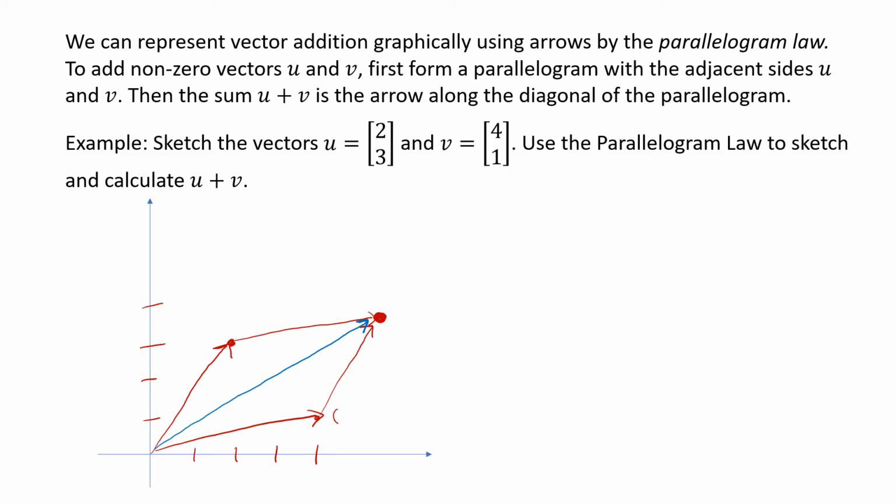So this was 4, 1. This was 2, 3. And after you build this parallelogram, you have that this is going to be the point 6, 4. Okay. So vector addition has this correspondence on the plane to parallelograms.